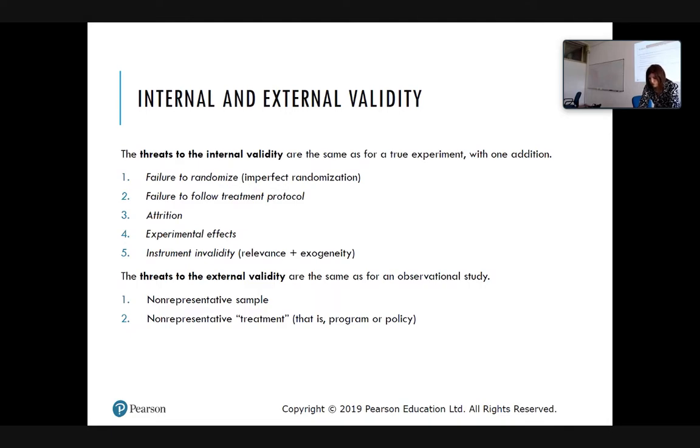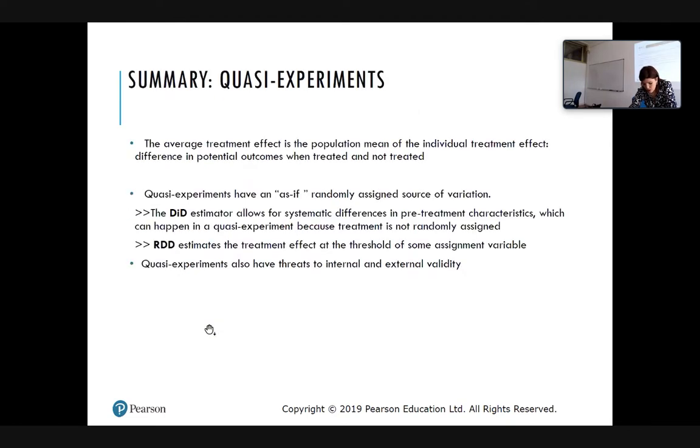So failure to randomize, failure to actually follow the treatment protocol, attrition, experimental effects, and so on in the case of a fuzzy regression discontinuity design. Of course, we need to add the assumption on the validity of the instruments. And the threats to external validity are the same as for the observational cross-sectional studies.